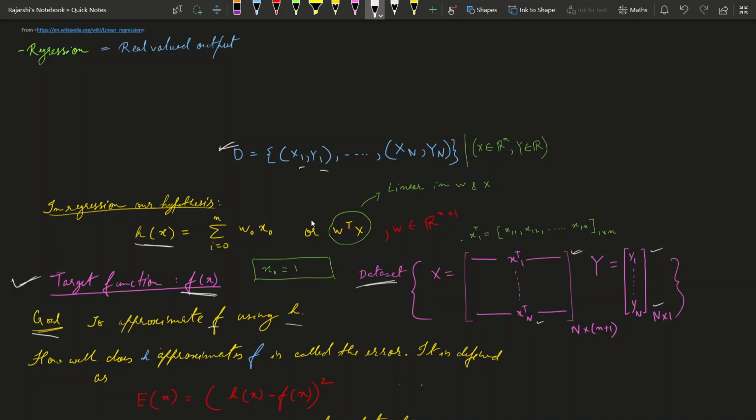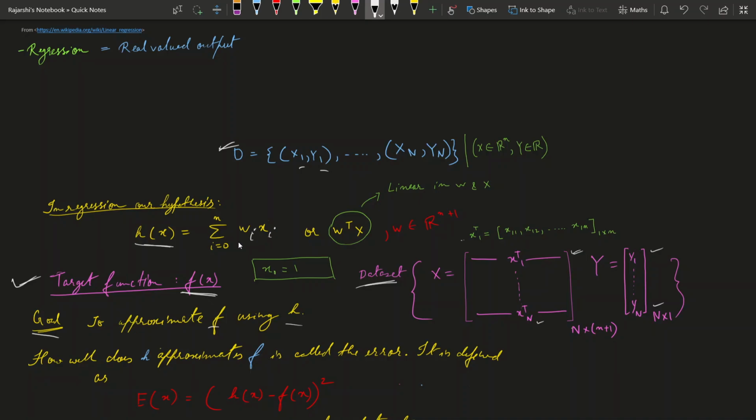So in this linear regression task, we have a hypothesis, and that is the summation of the multiplication of x, the inputs, and w's, which are known as weights or parameters.